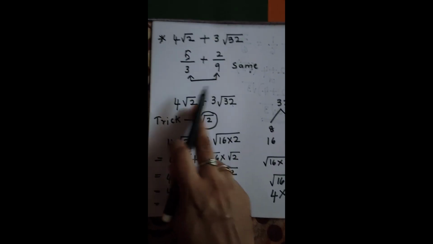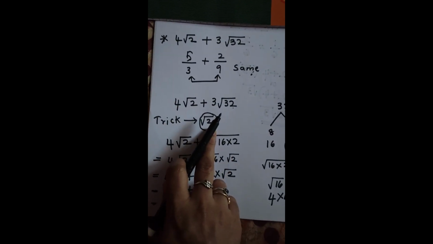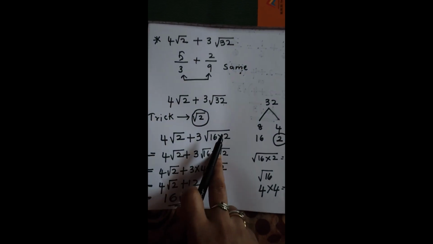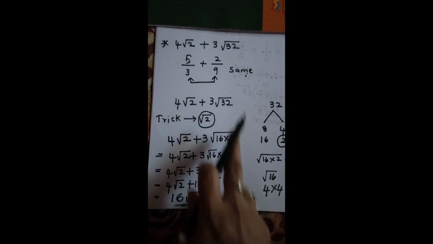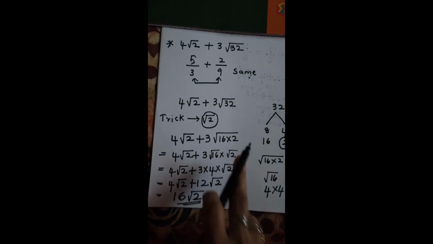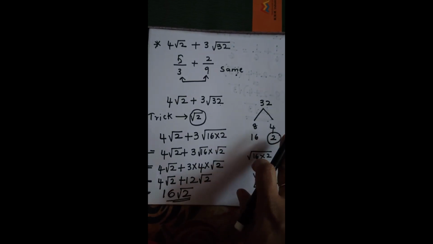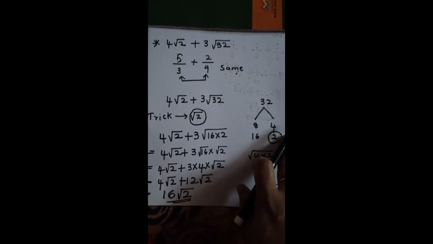Here it is root 2 and root 32, so take root 2. Try to have root 2 in place of root 32. Now 32: 8 4s are 32, 16 2s are 32. Stop, you got the diamond, 2.